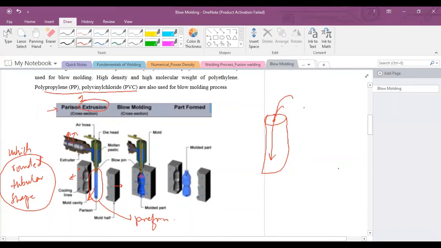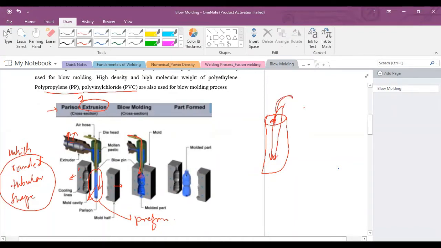Then in the second stage, this preform is injected into this mold, as you can see here, and pressurized air will flow inside through this hole. Actually, the air will flow inside this parison because the parison is already in the mold, and there is one hole over the surface of the parison.